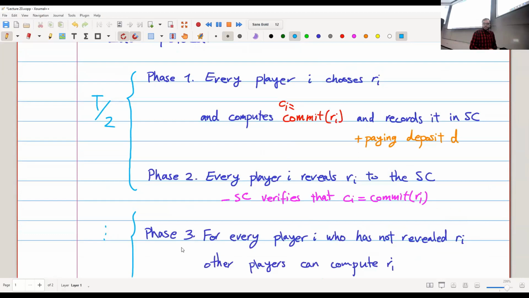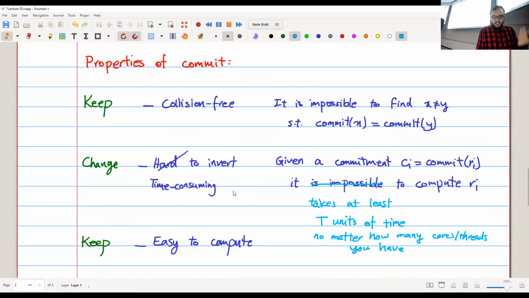Now in phase 3, there is not a unique RI. You have many different values of RI. And it might be that different honest players find different values of RI. So you don't have a well-defined output here. Well, your output R depends on the RIs. So basically, we need the function to be one-to-one.